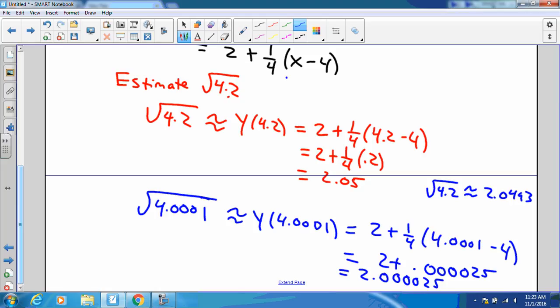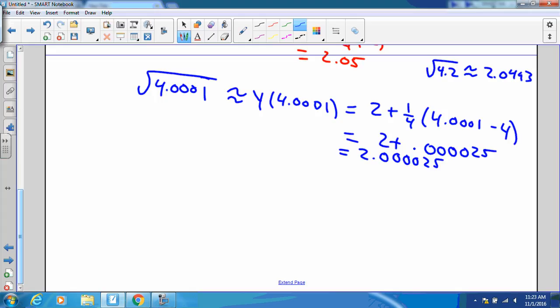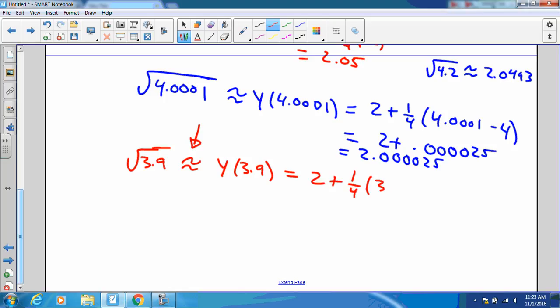And it works also for x's that are to the left. So if I choose maybe 3.9, then the square root of 3.9 is going to be approximately equal to y of 3.9. Notice the use of the approximately equal to. The reason I'm doing that is that I'm recognizing that f is not its local linearization, but is close to it. But then I use an actual equal sign here because I'm actually evaluating the local linearization.